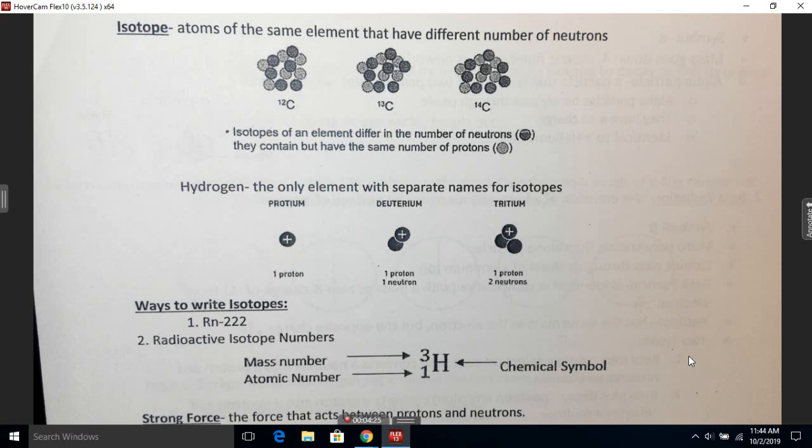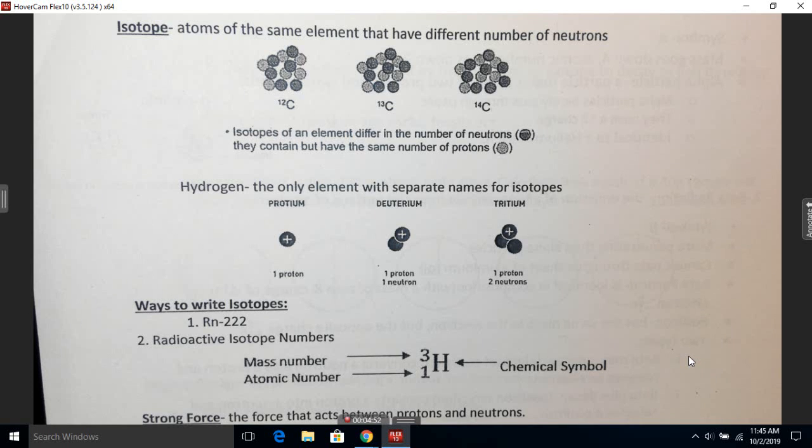Okay, I said sometimes the amount in their nucleus can be more neutrons or fewer neutrons. But then I asked you, would they be the same element? And some people said no. Why would they be the same element if the time might change the charge of it?